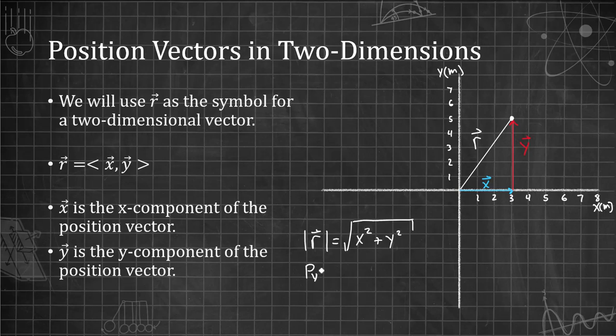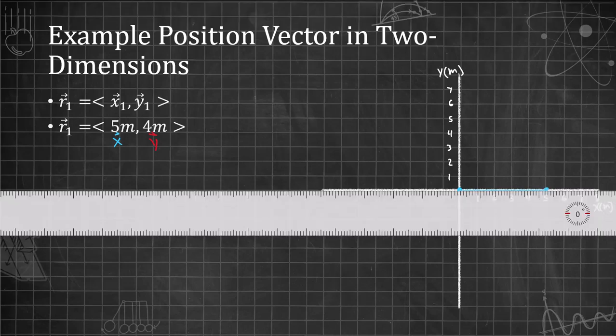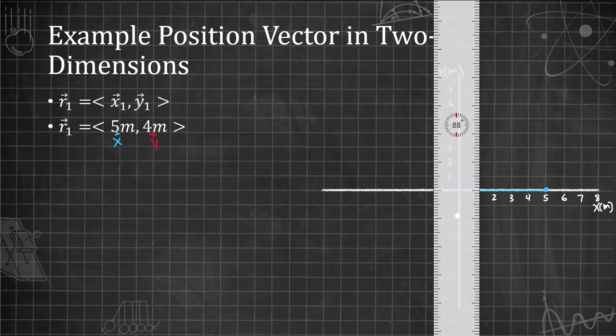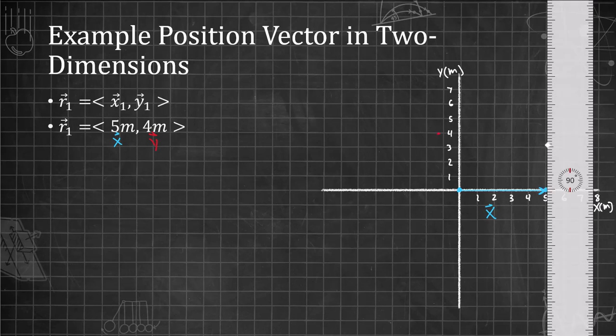If we notice here, this is a right triangle, so we can use tools like the Pythagorean theorem to figure out the resultant magnitude of that r vector. So let's look at an actual example. We'll say r1 has an x vector of 5 meters in the positive direction, and the y vector is 4 meters in the positive direction. So we're going to go 5 meters to the right on the coordinate plane, and then 4 meters up.